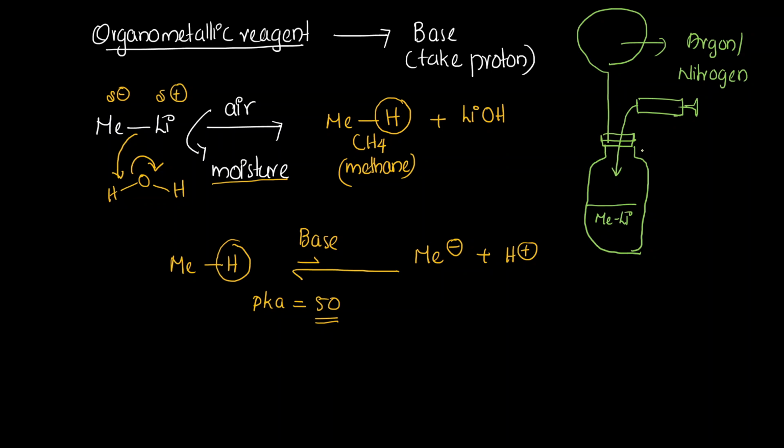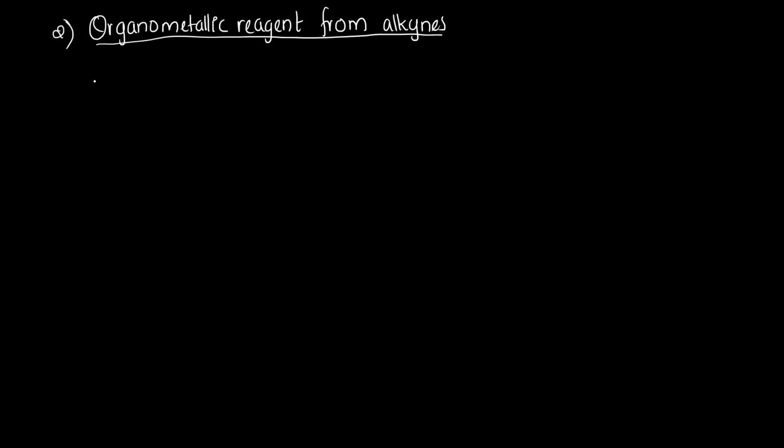Otherwise, your methyl lithium will get completely destroyed and form the methane and the lithium hydroxide. The main thing you need to understand, if you have a lithium reagent, for example, n-butyl lithium, is that they have the capacity to act as a strong base. I mean, they can deprotonate anything. They can take the hydrogen from anything. Now you have learned that the organometallic reagent can act as base.